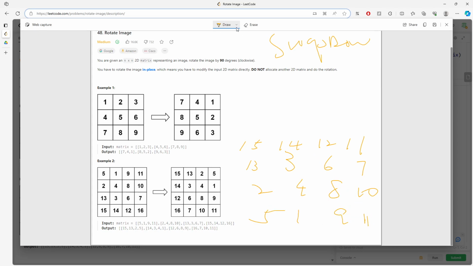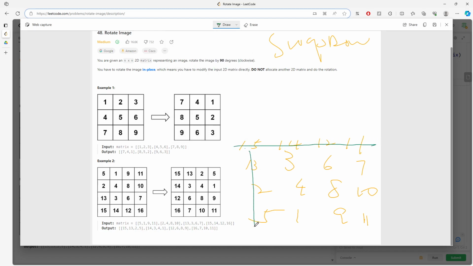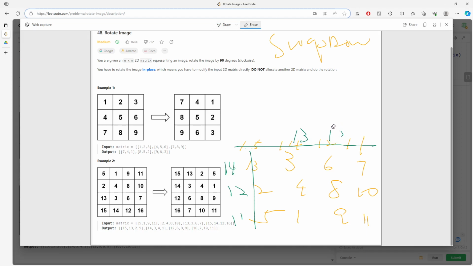Alright, now I need to swap the diagonal. So the diagonal is going to be this with this, right? 15 doesn't change, then 14, 12, and this is 11, this is 13, 2, and 5, right? So it's 15, 13, 2, 5, and then 14, 12, and 16.